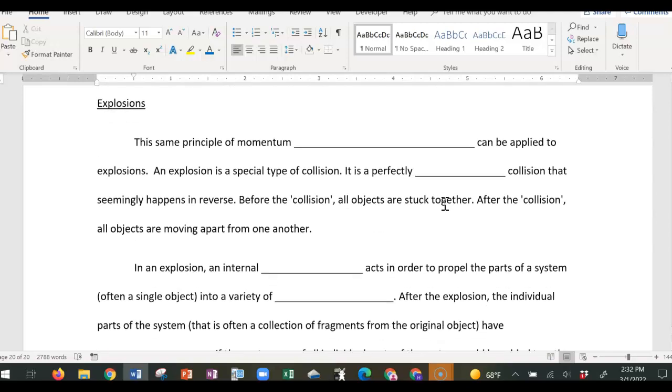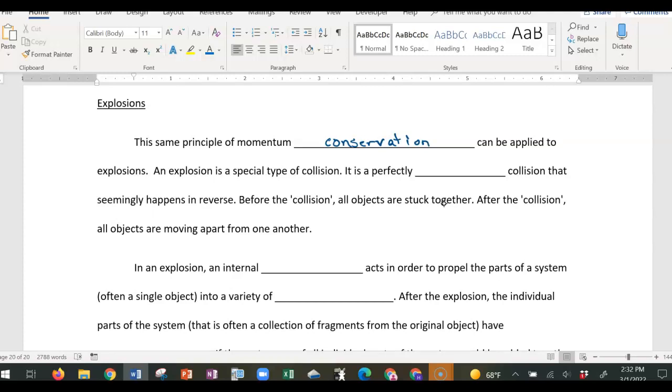Okay, and then we want to summarize a little bit about explosions. The same principle of momentum conservation can be applied to explosions. An explosion is a special type of collision.